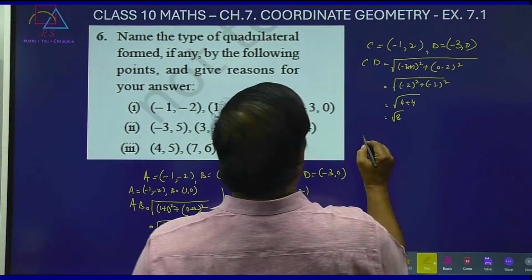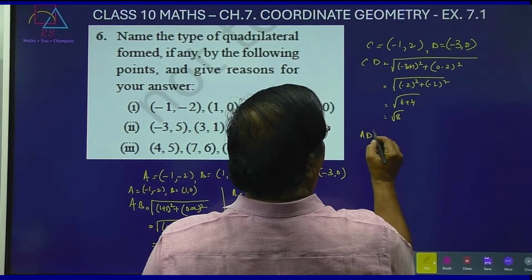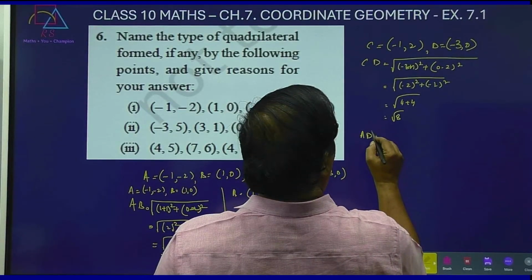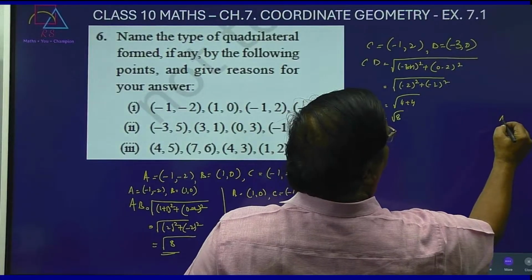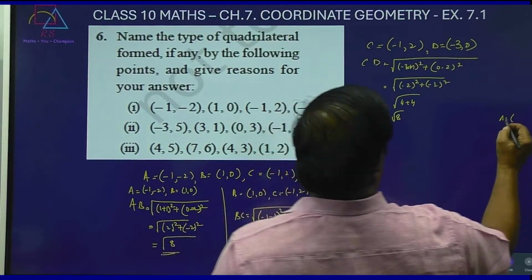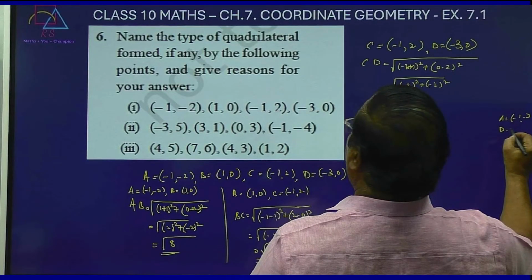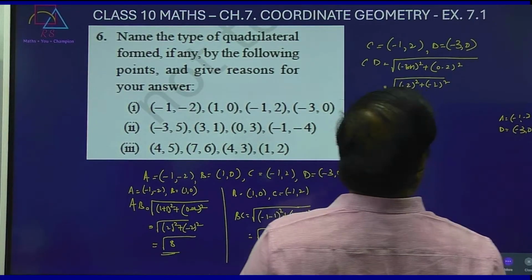Let us find out AD also. So now A is equal to minus 1, minus 2 and D is equal to minus 3 and 0.